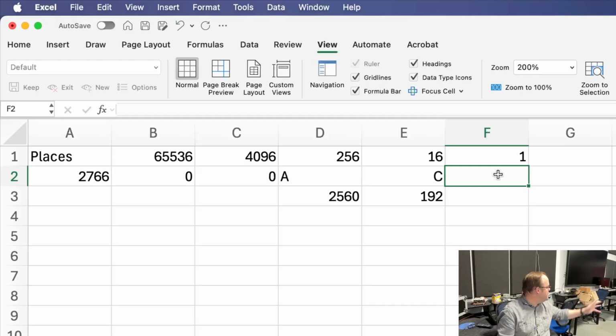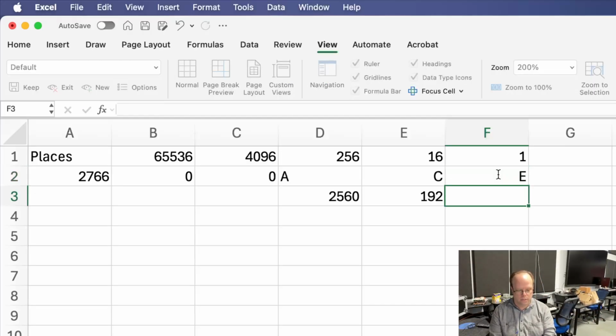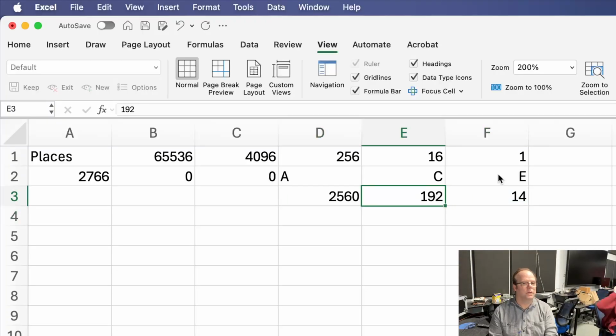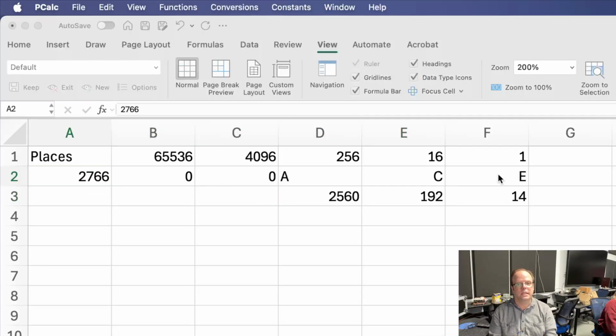E, because E stands for 14 in hexadecimal. And 2,560 plus 192 plus 14 equals 2,766. So let's check our work: 2,766 in hexadecimal is ACE. Okay? Got it?